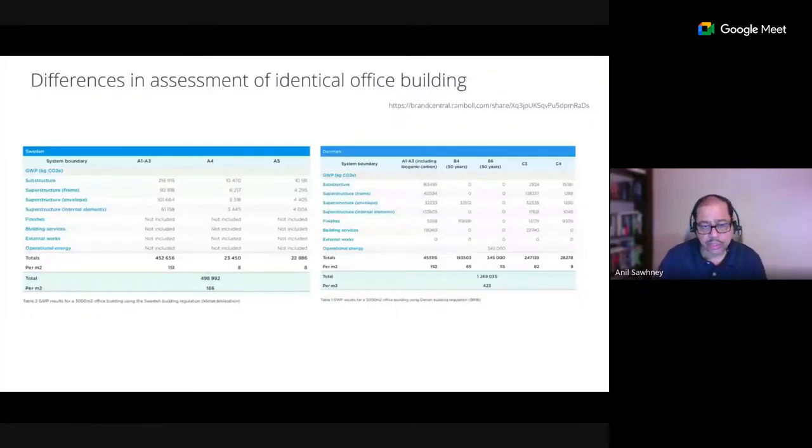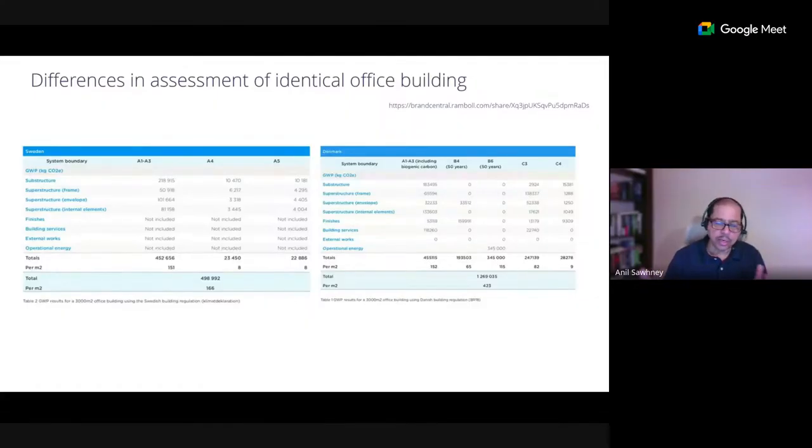Sorry, this should be 166 kilograms of carbon dioxide equivalent per square meter, compared to Denmark, which shows 423.